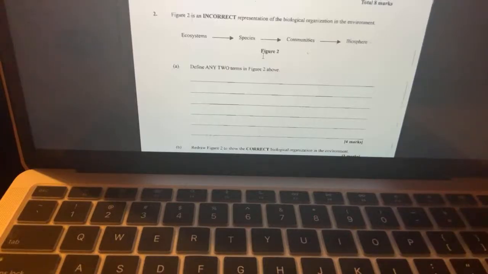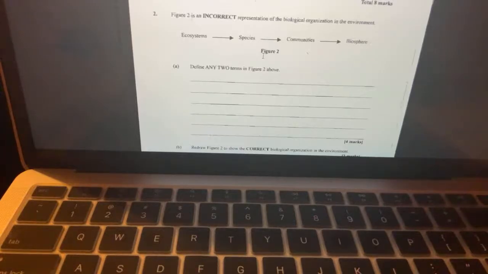And here they have the organization: ecosystem first, then species, then community, and then biosphere. So that is the organization. Now they want us to rearrange it and put the correct arrangement.